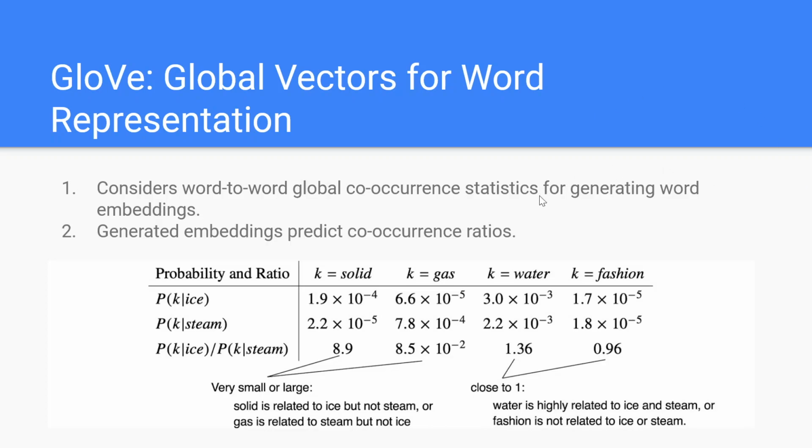GloVe vectors consider these statistics, and this also makes sense because related words will occur together. It's not very common that unrelated words occur often together, or that related words do not occur together at all.